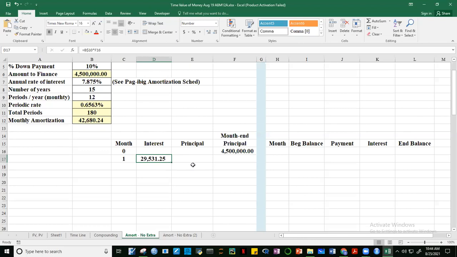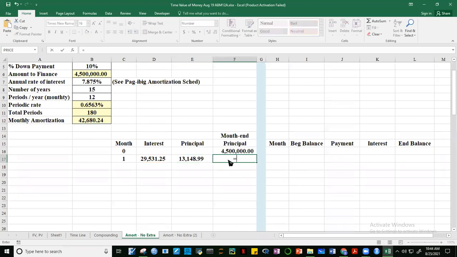Ang laki ng interest, no? Then this is equal to this one, and we're going to fix this, minus the interest. Kung magkano yung monthly amortization natin, minus natin interest doon, yun ang papasok sa principal. Therefore, ang ending natin sa principal will be the previous principal minus yung binayad natin sa principal.